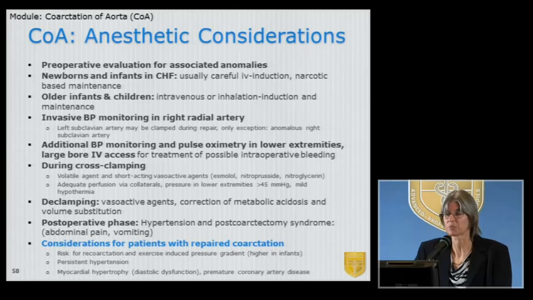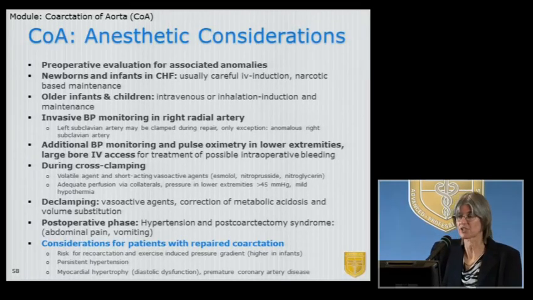If not, be prepared that it happens during your induction or emergence that you might see higher pressure gradients. The risk for recoarctation is higher when you had to do a repair in infants. So the earlier the repair was done, the more likely it is that they have a restenosis. So be aware when you get an infant.